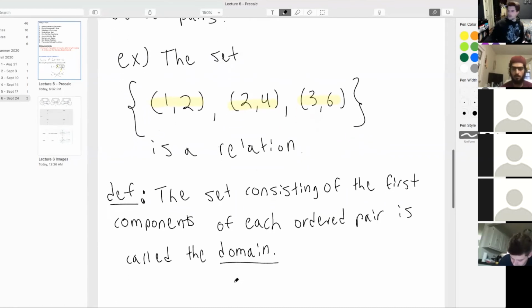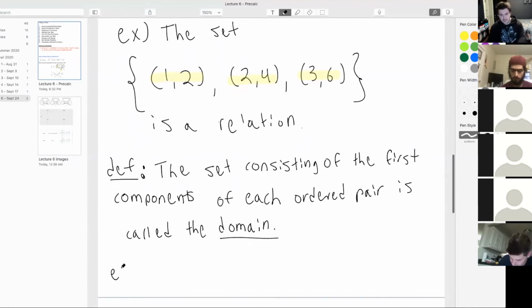Let's use our example from before. The domain is just going to be the first component of each ordered pair.